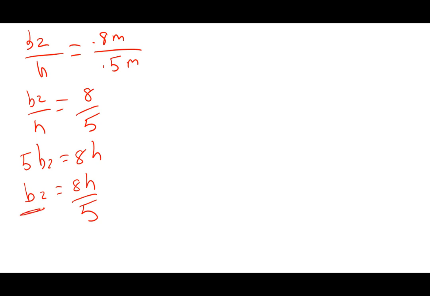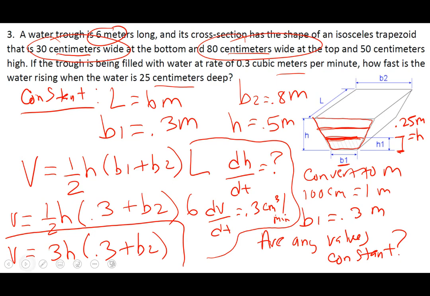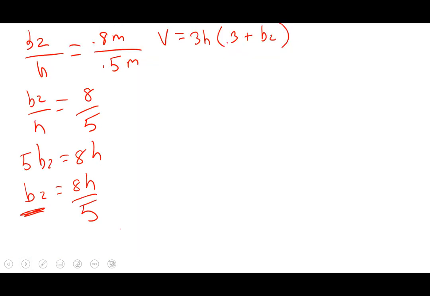Now that I know that base 2 is equal to 8h over 5, I'm going to go ahead and plug that into what I was left with on the previous screen. So as a reminder, where I left off was the fact that volume was equal to 3h times 0.3 plus base 2. Make sure that that's right. So now I'm going to make the substitution for base 2.